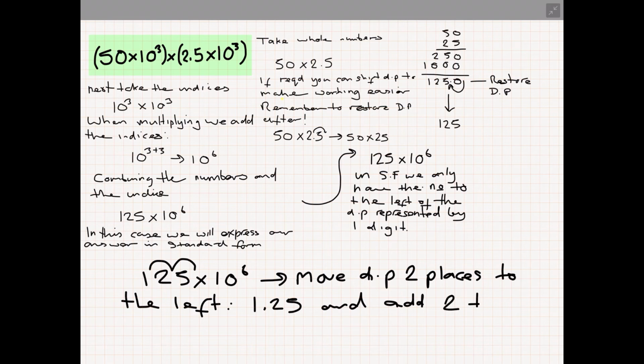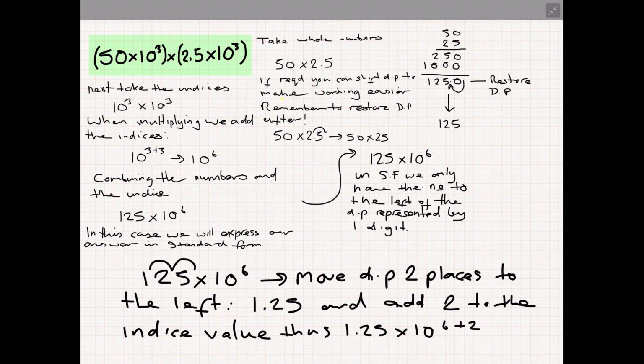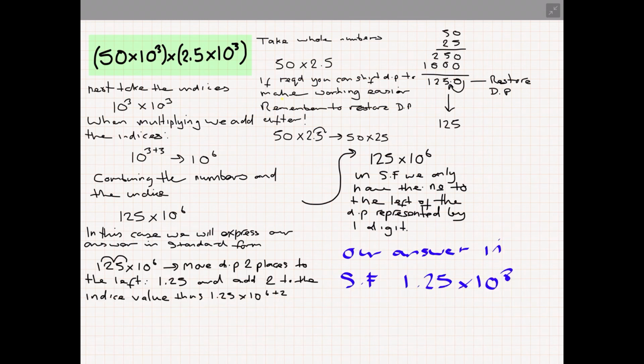In this case, if the number is reduced, in other words, the decimal point is moved to the left, then we increase the indice to compensate. So our final answer is 1.25 times 10 to the power of 8. This is in standard form or scientific notation.